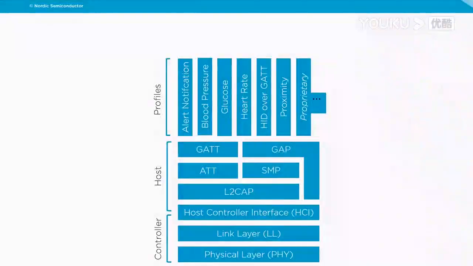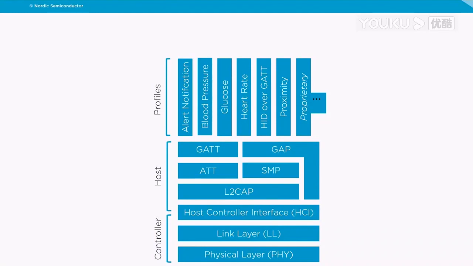So we kind of have three main blocks. You have profile, you have the host, and you have the controller. The host and controller is what is looked at as a typical Bluetooth Low Energy stack, and then you have the profiles on top, which define some kind of specific application typically. Between the controller and the host, you have the host controller interface.